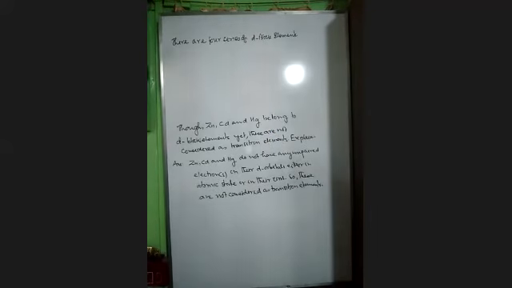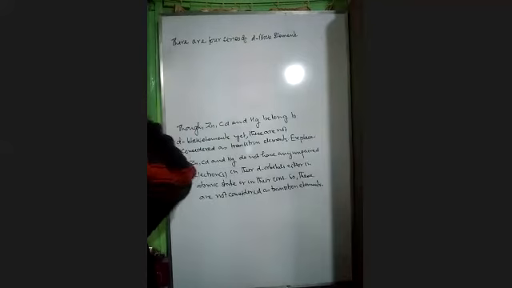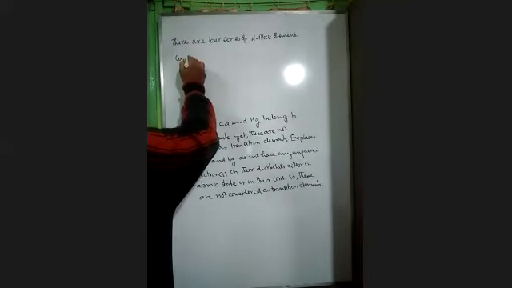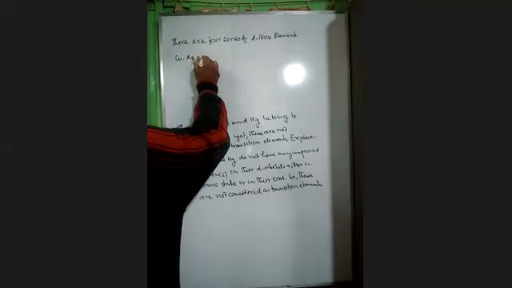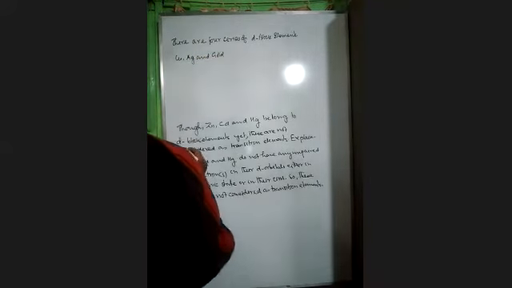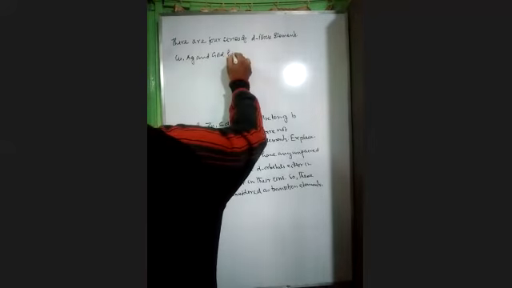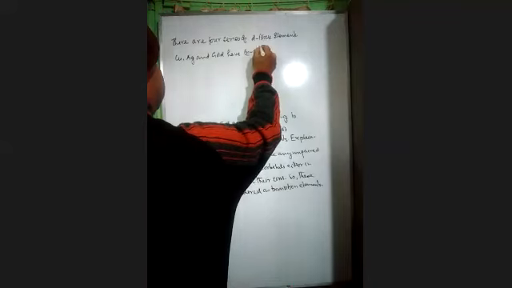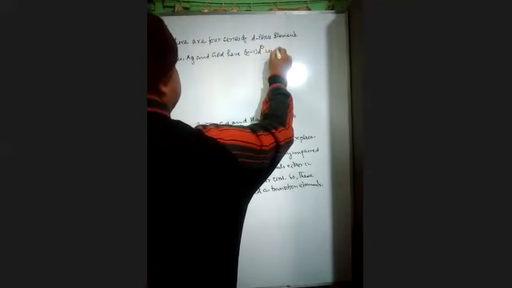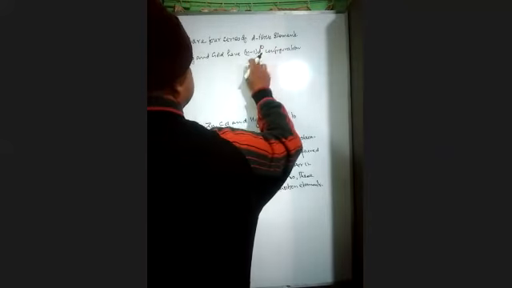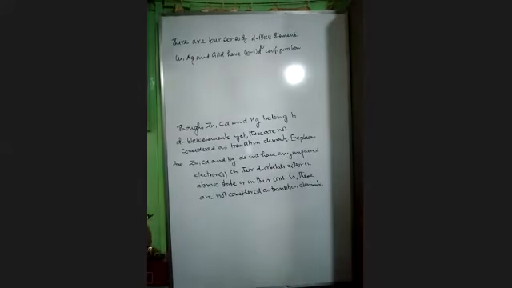See, next. Copper, silver, and gold have n minus 1 d10 configuration.